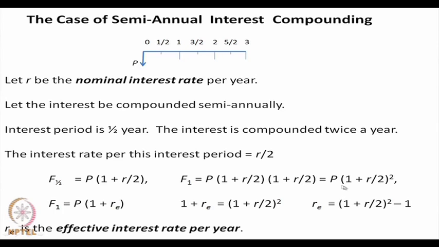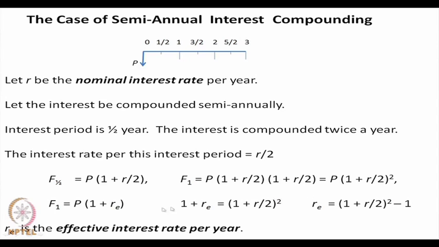So, this quantity becomes P into 1 plus R by 2 whole square. So, if it is compounded semi-annually, at the end of the year it is not P into 1 plus R, but it is P into 1 plus R by 2 whole square. There is a difference.